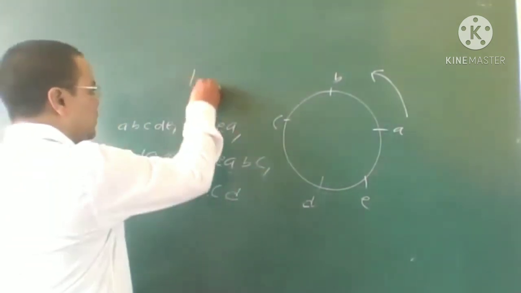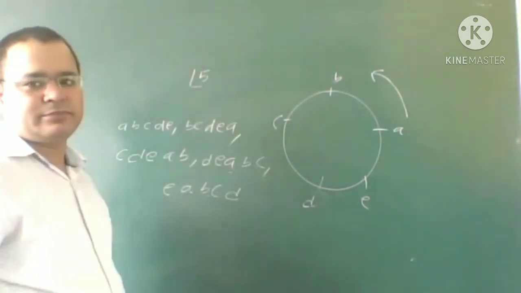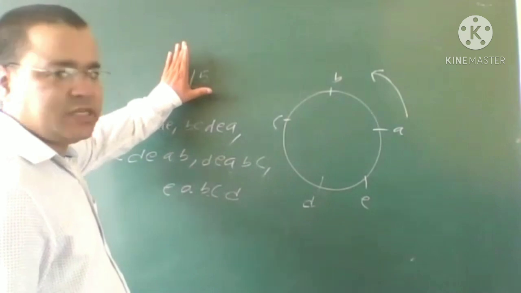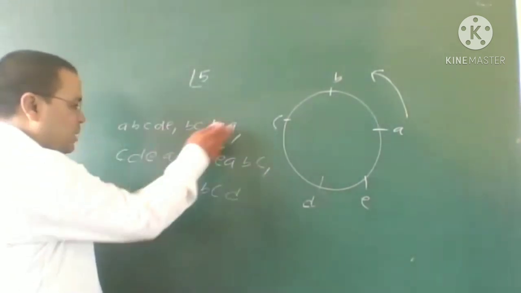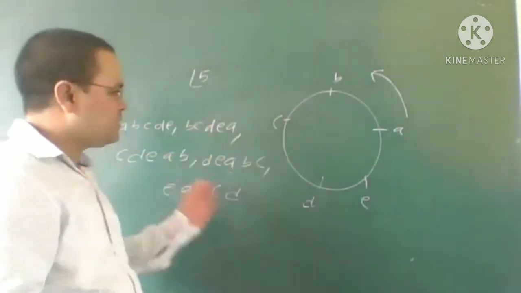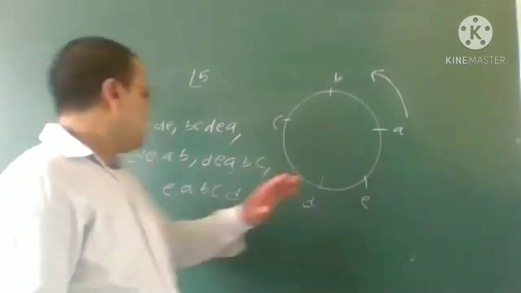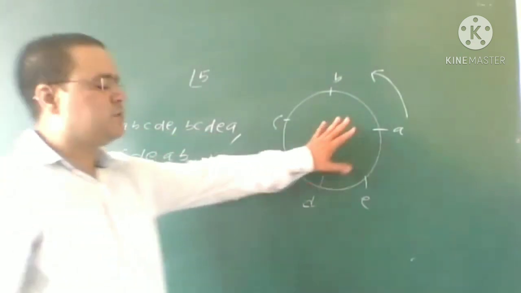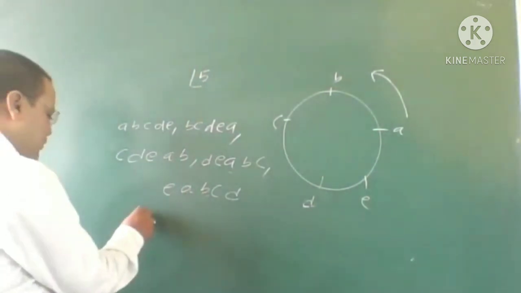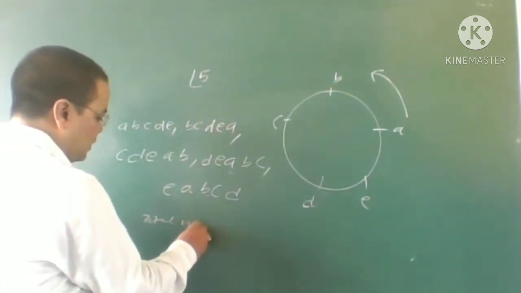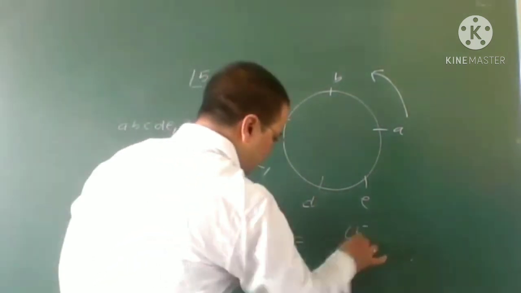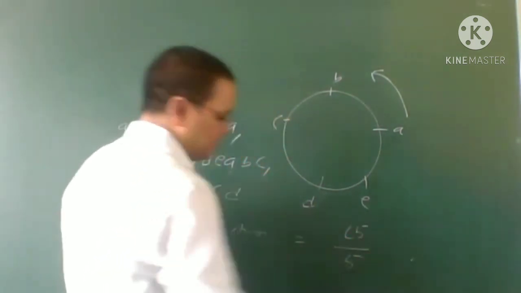There are factorial 5 choices in total. But in these factorial 5 choices, we have these 5 choices of the same arrangement. The arrangement is the same; there is no different arrangement. So the total number of arrangements is factorial 5 upon 5.